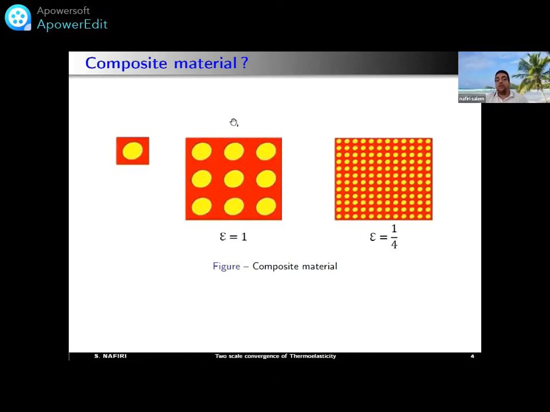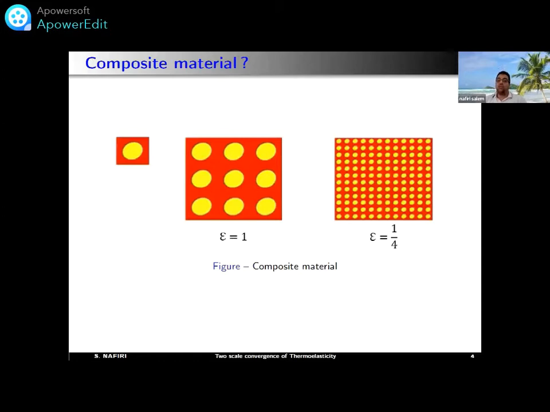And if you want to improve the quality of your material, here I consider that once I mix both materials, I get something uniform, something periodic. But in general, it is not uniform. It can be non-uniform, non-periodic. But for our convenience, I consider the case of periodic distribution or periodic mixing.